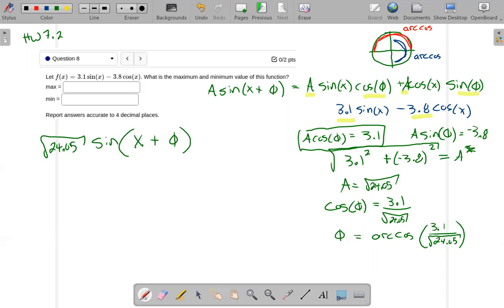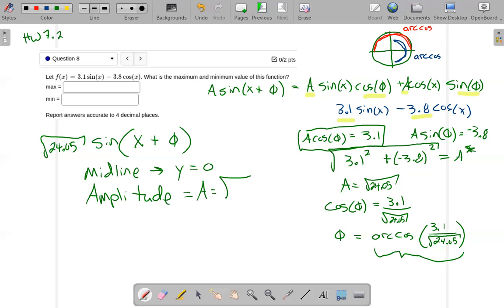And phi again is this thing right here. So what do we know about the graph of this function right here? Well, since there's no plus anything on the outside, then the midline of this function is y equals 0. And we also know, because of this multiple out there, that the amplitude of this function is a equals the square root of 24.05.